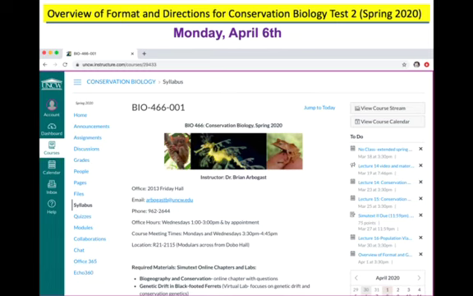Okay, how do you take a quiz or an exam on Canvas? In Canvas, exams or tests are called quizzes, or they're lumped under quizzes. So what I'm showing is a screenshot of the home page, which defaults to the syllabus page for conservation biology.